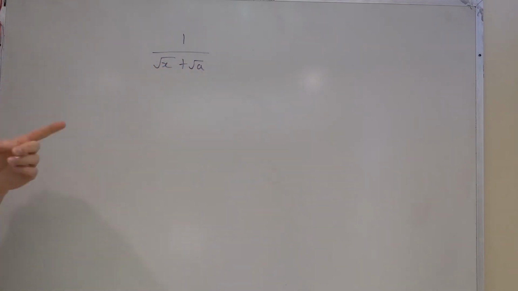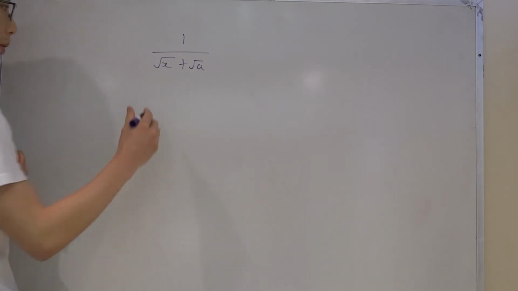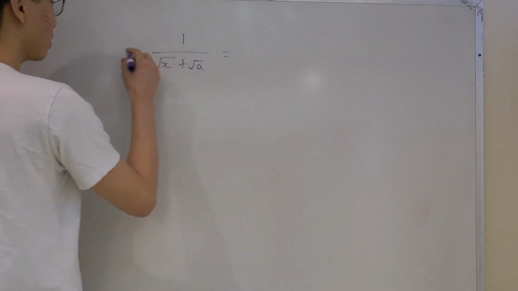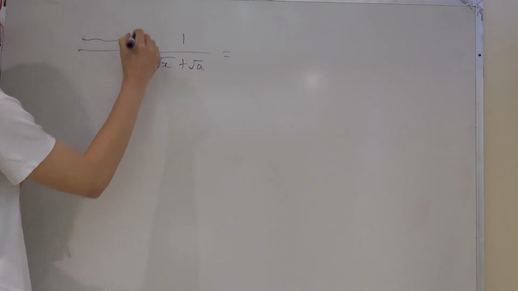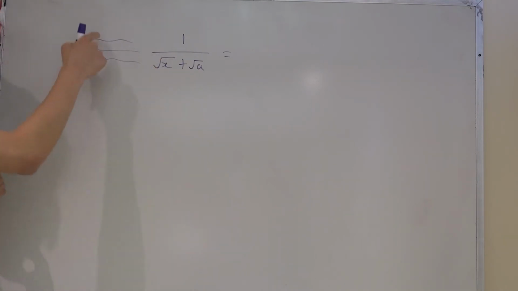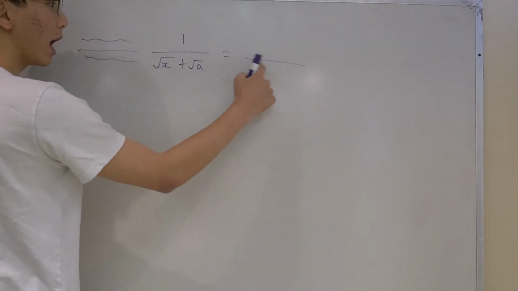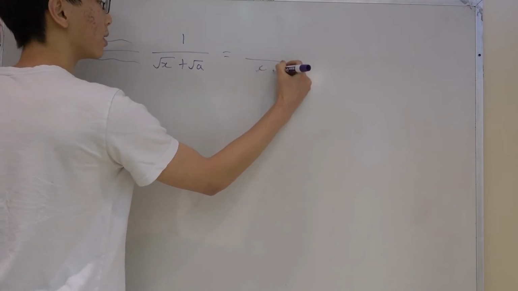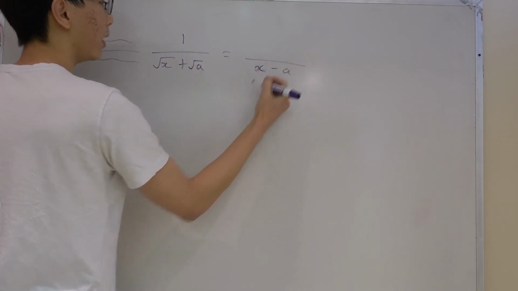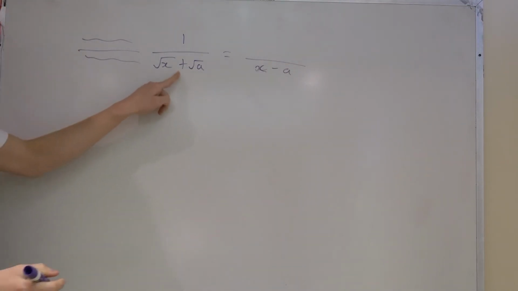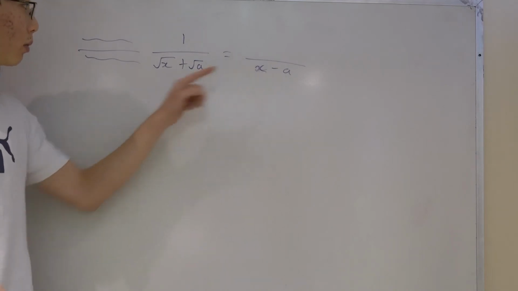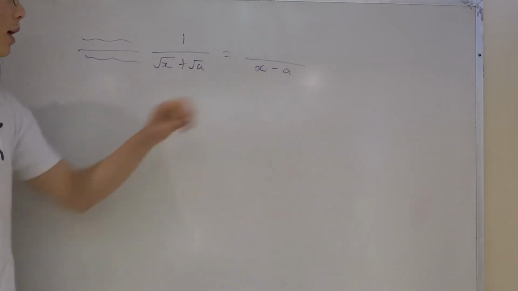I'll just tell you the result: we multiply by some expression that is a clever form of 1, with the same thing on top and bottom, and the end result will have a denominator that is x minus a. It's a little strange because there's a plus sign here, but there's something very clever you can multiply by that will give you a minus sign here.